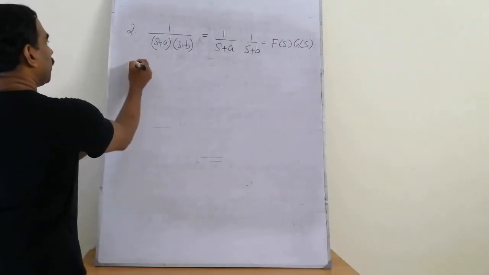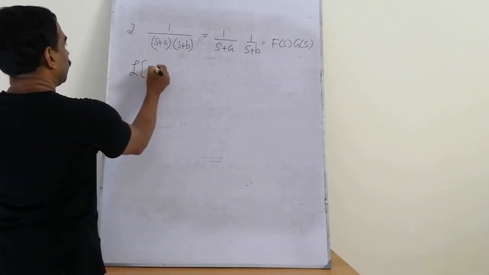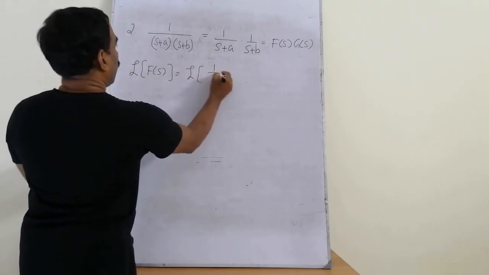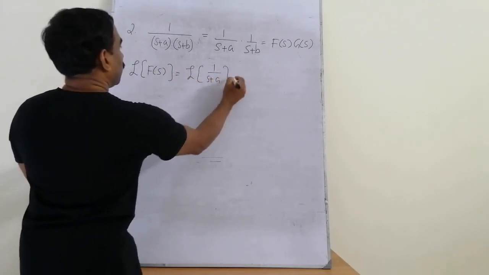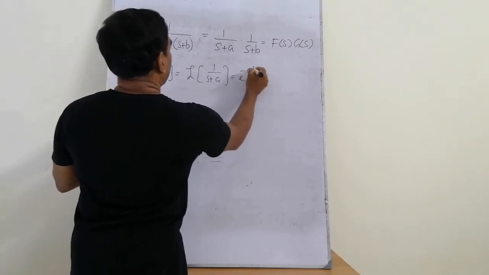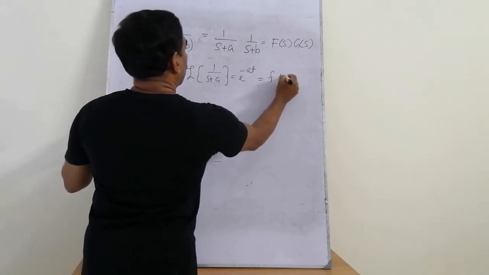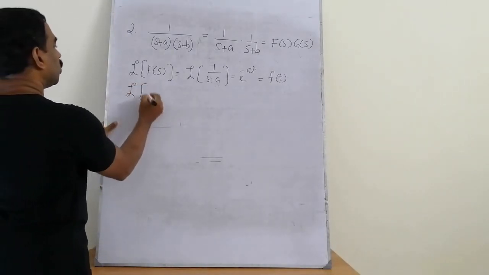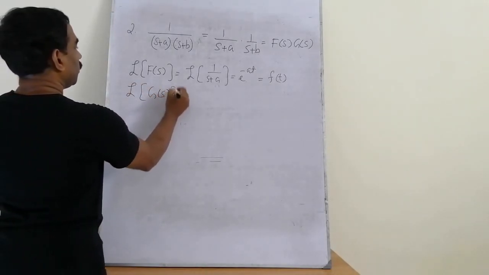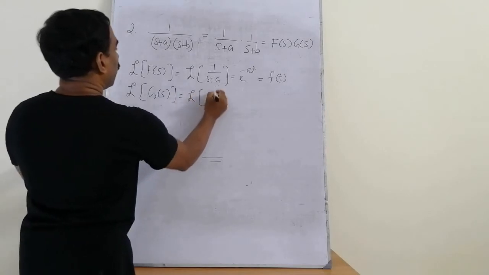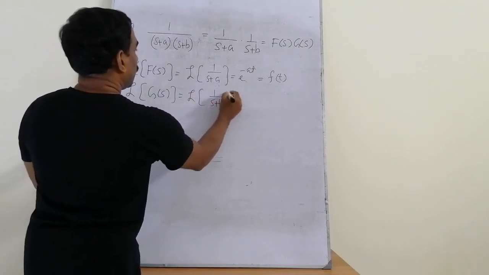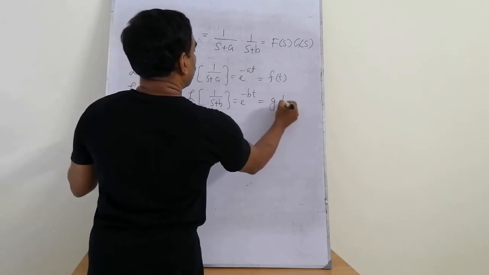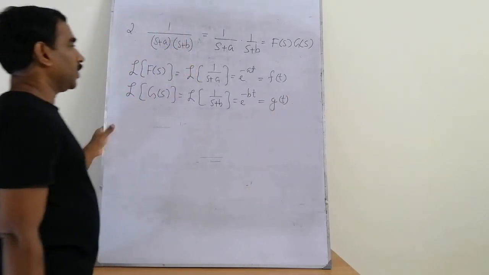So the Laplace transform of F(s), that is L of 1 by (s plus a), is equal to e raised to minus at. Let the function be f(t). And the Laplace transform of G(s), L of 1 by (s plus b), is equal to e raised to minus bt, and we call this function g(t).